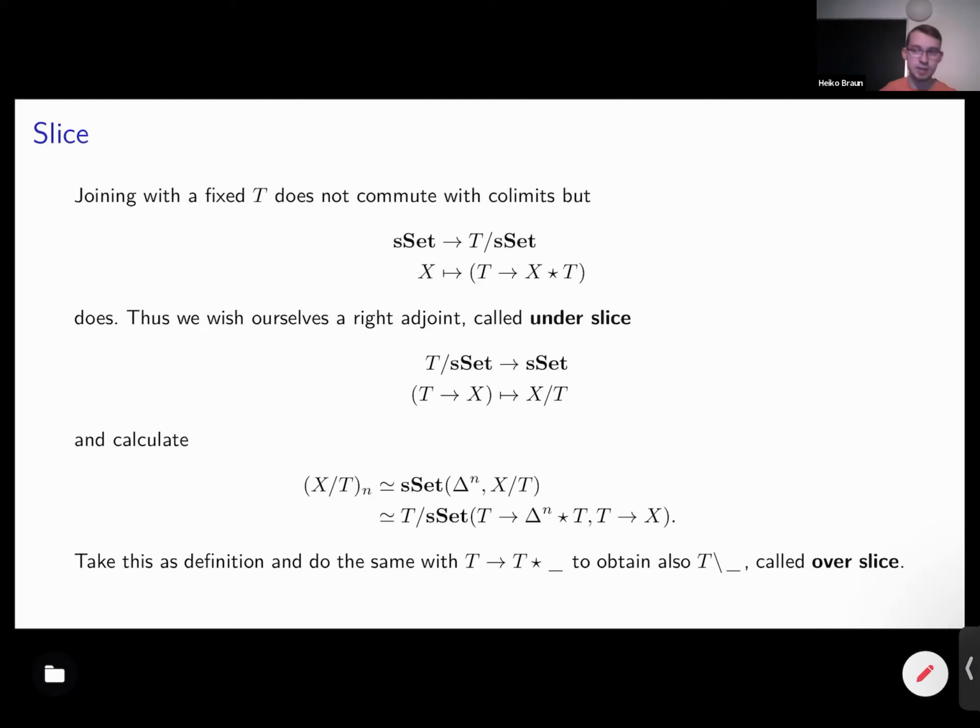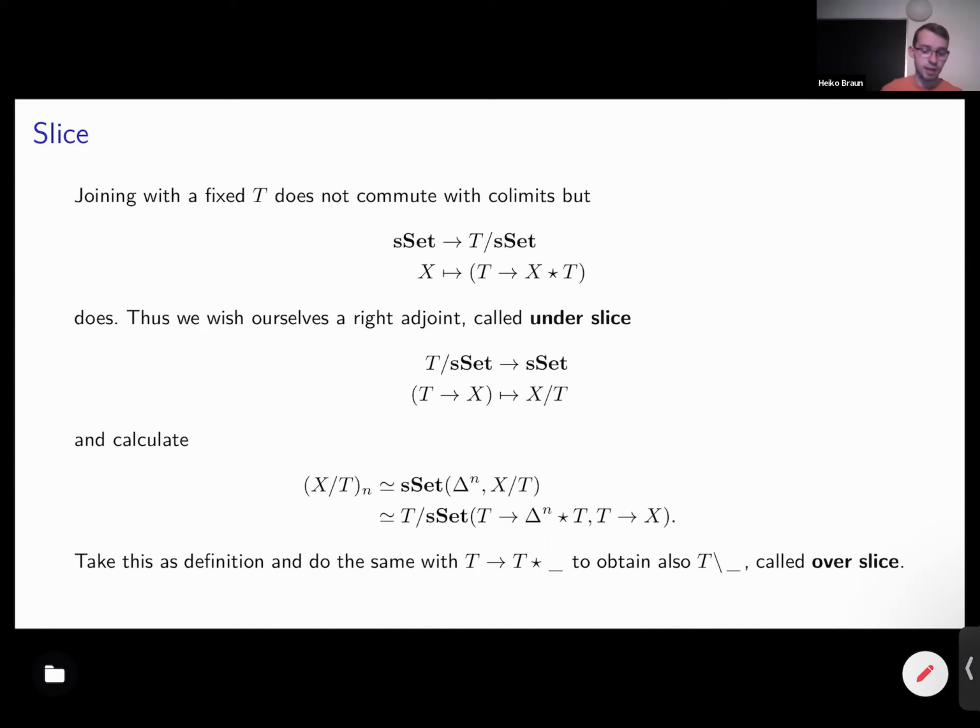You can see this by considering the initial simplicial set: the join of the empty simplicial set, which is the initial one, with any T is just T again, which means that if T is not initial, then joining with T does not preserve the initial object, so it does not preserve colimits.